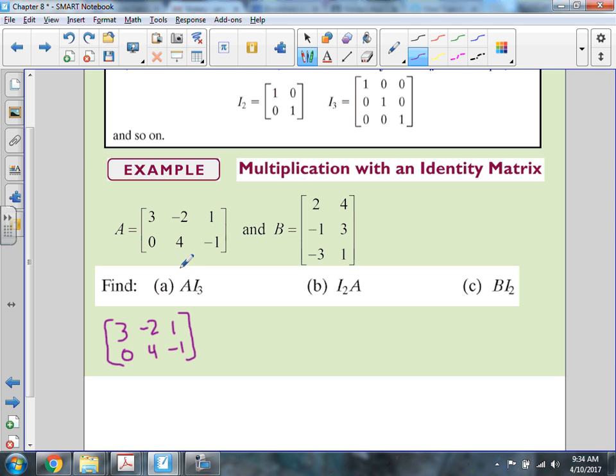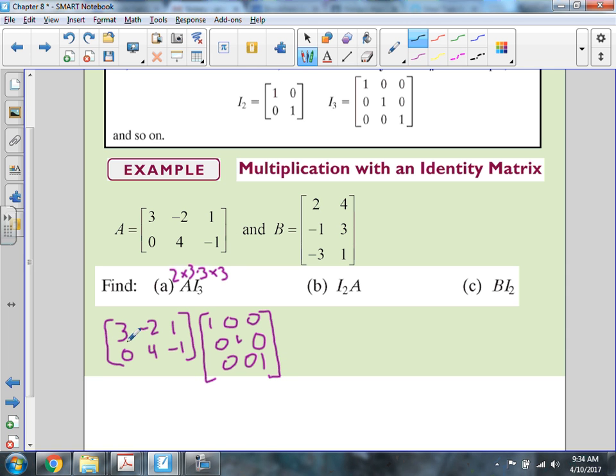And because A is 2 by 3, we would need to multiply by I3 because the number of rows in the next matrix would have to be 3, or else those middle dimensions would not agree. So if I multiply by I3, which is our 3 by 3 identity, I should preserve the original matrix.